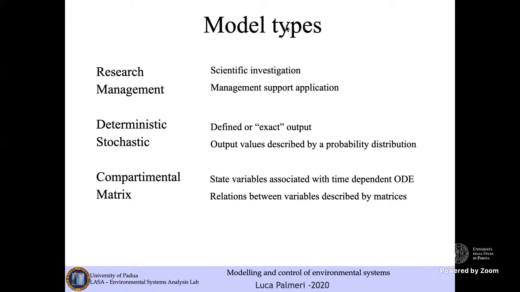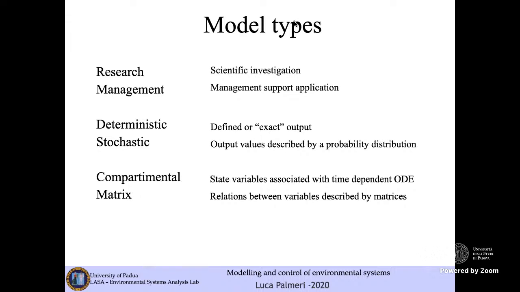In a very rough way, we may say that a deterministic model displays a defined, or if you want, exact output. So the output for a deterministic model is typically a curve, a function, for example, a function in time describing the evolution of a state variable. This is a typical deterministic output of a model.